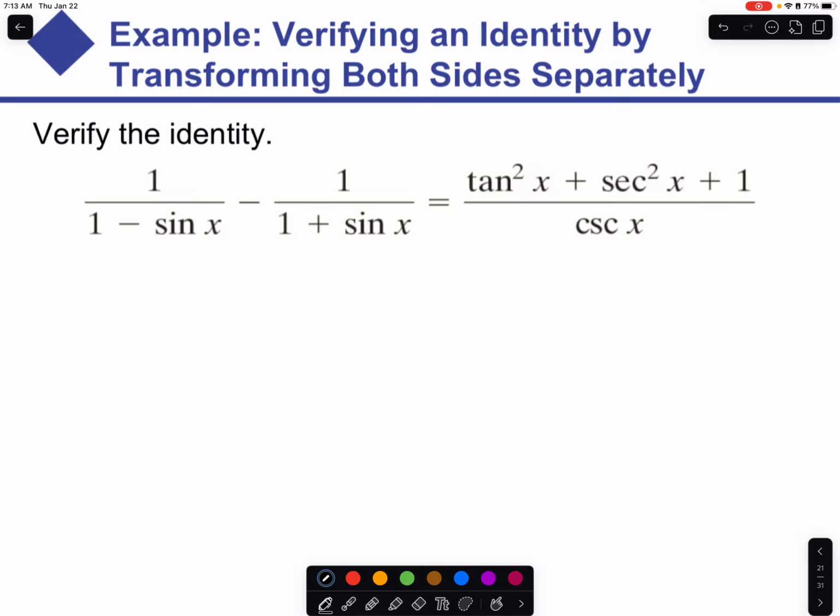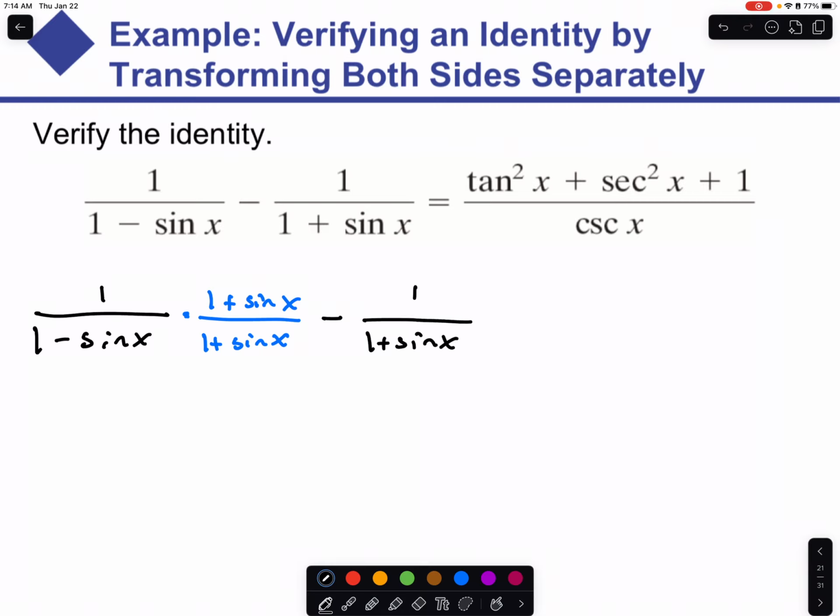So we have this first term, this 1 minus sine of x under 1. And we're going to multiply by 1 in the form of 1 plus sine of x over 1 plus sine of x, okay? And then we still have our minus. This 1 plus sine of x under 1. And to get our common denominator, we're going to multiply this by 1 in the form of 1 minus the sine of x over 1 minus the sine of x, okay?